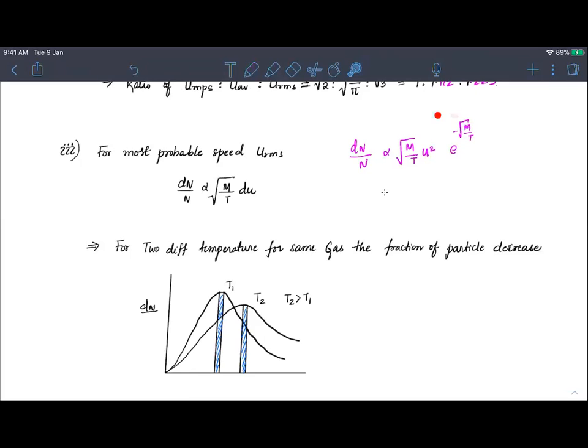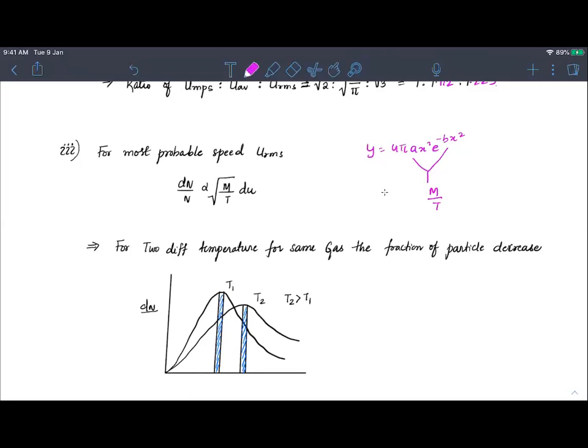In the overall equation, when we write the Boltzmann's curve, we always get root of m by t. I told you while writing a and b also that y is equal to 4 pi a x square exponent of minus b x square. I told you there also that this a and b both will depend on m by t.